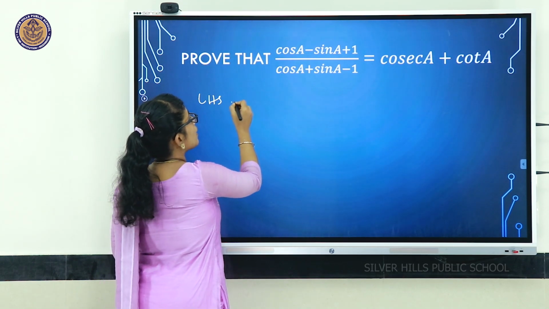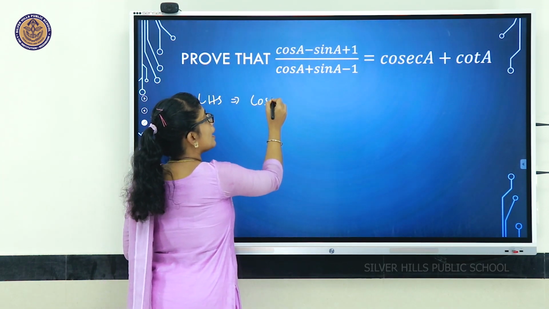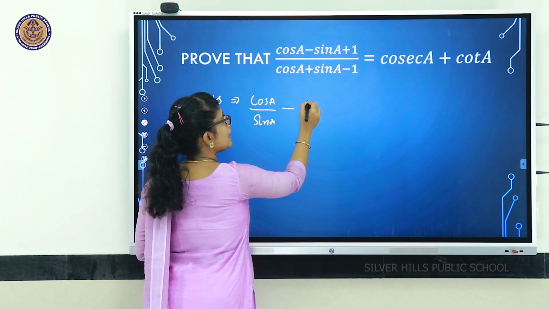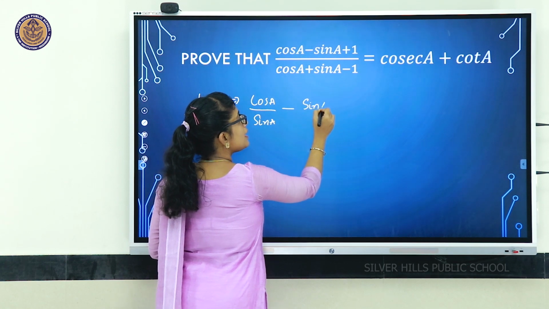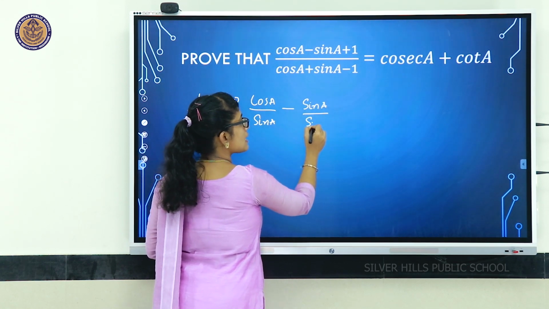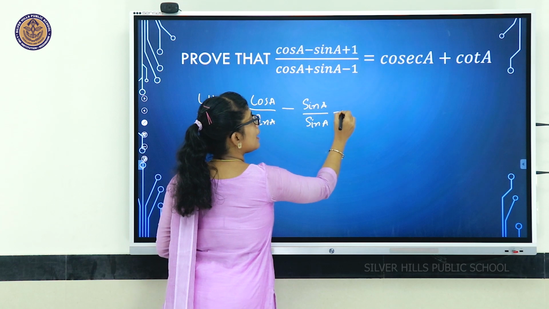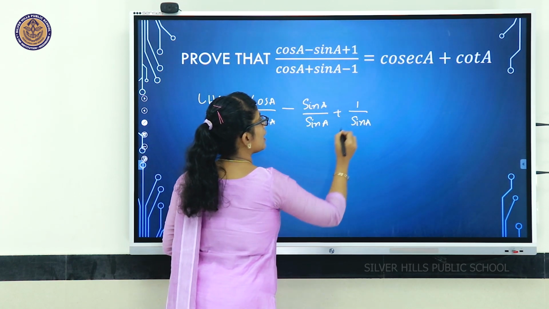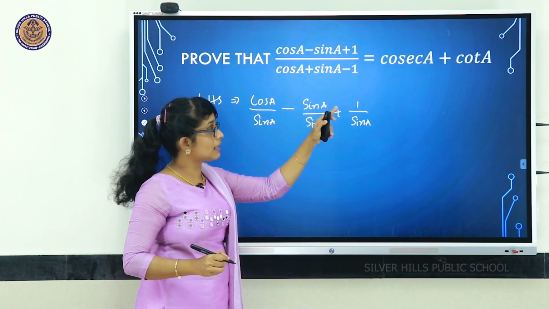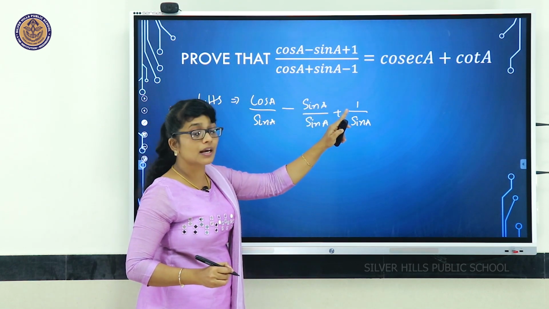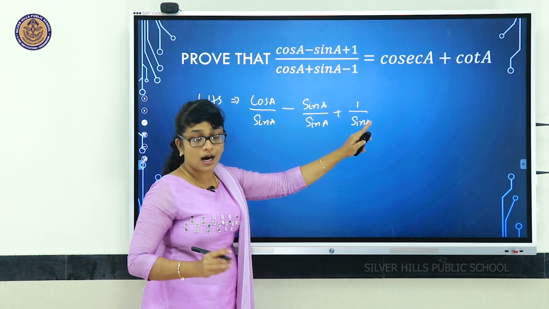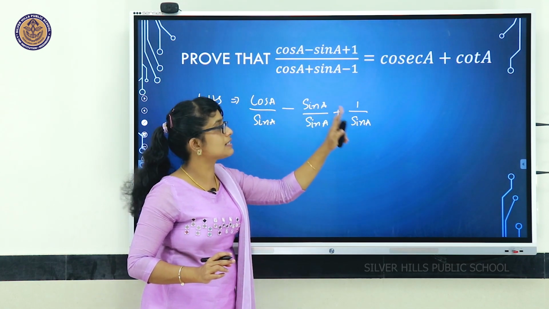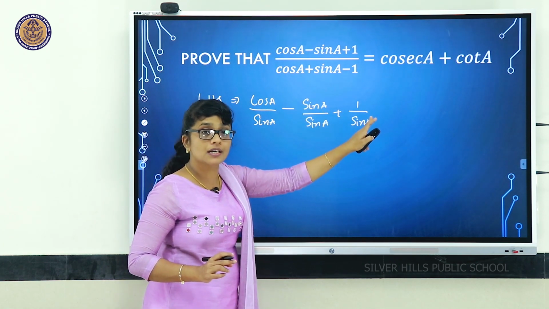Cos A by sin A minus sin A by sin A plus 1 by sin A. Here you have to get the RHS, cosec A plus cot A. I already taught, keep your eyes on both sides, LHS and RHS.